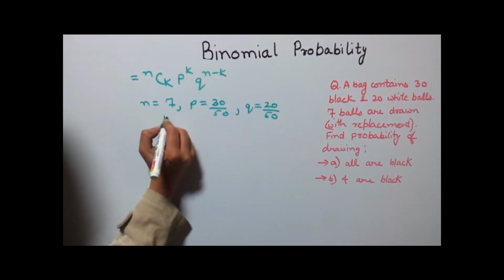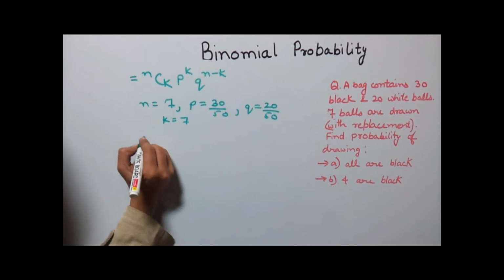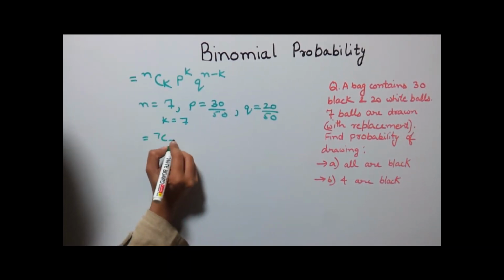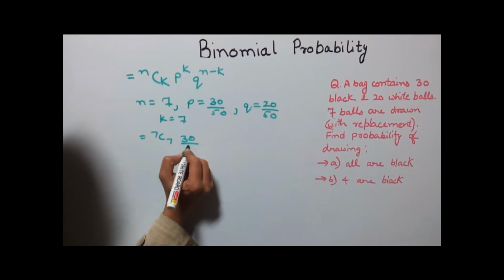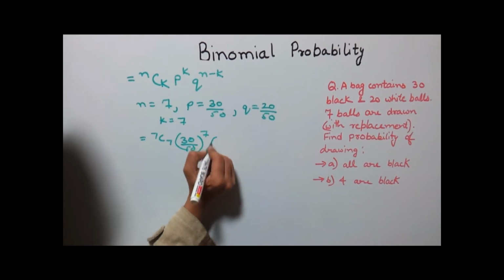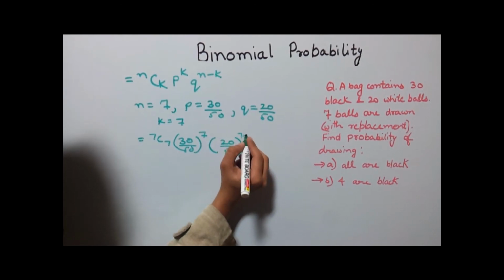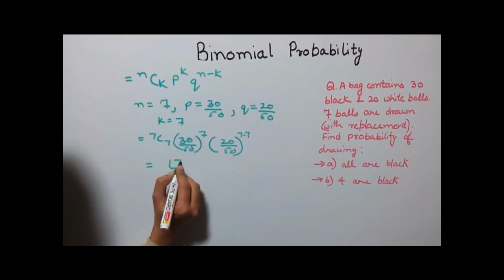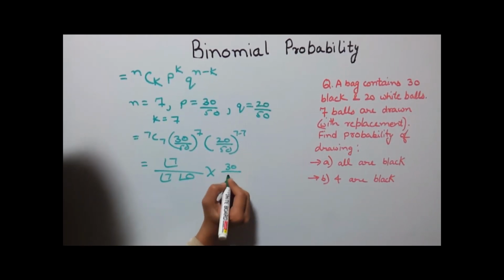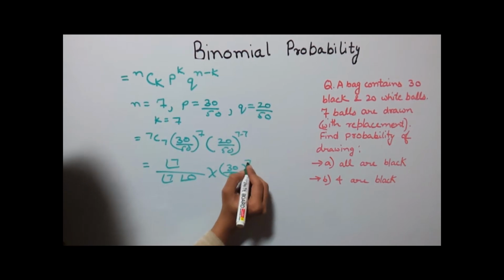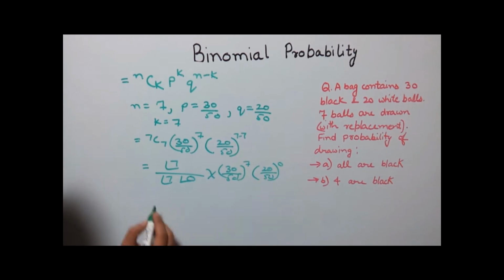Putting these in, and as we need to find the probability that all are black, K will be equal to 7. So our formula becomes 7C7 into P to the power K, P is 30 by 50, to the power 7, into 20 by 50 to the power N minus K, that is 7 minus 7, which is equal to factorial 7 upon factorial 7 into factorial 0, into 30 by 50 to the power 7 into 20 by 50 to the power 0.